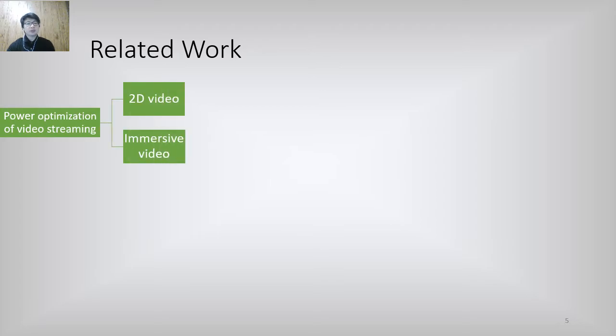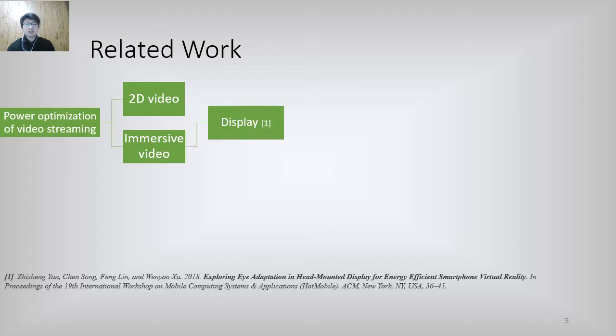Much work has been done on power optimization for 2D video streaming systems in both the mobile system and multimedia communities, but very little work has been done for immersive video. There is some work trying to reduce the power consumption of the display component.